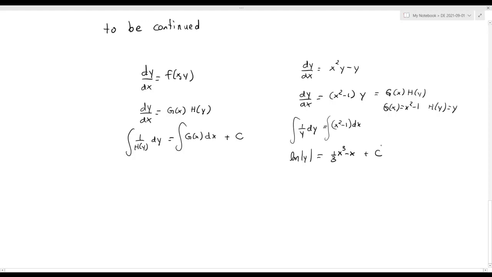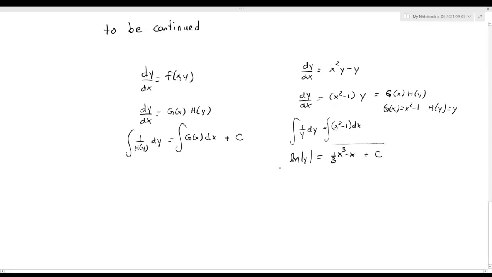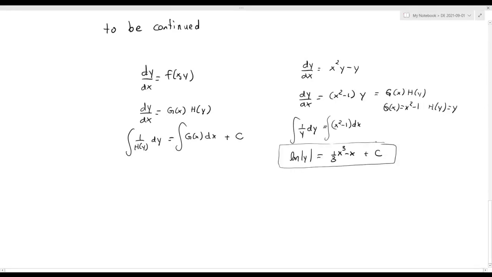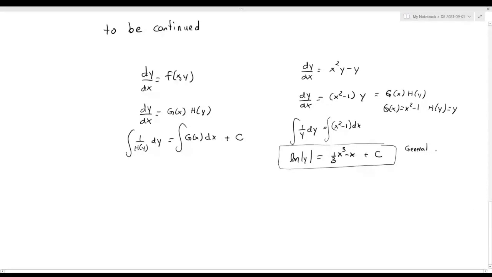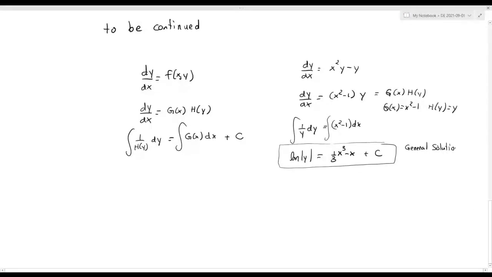So what do you call a solution or family of solutions that have that arbitrary constant of integration? General, right? It's a family of solutions that satisfies the differential equation. And here we have an implicit solution for y.